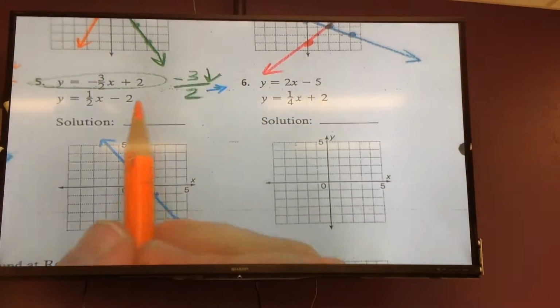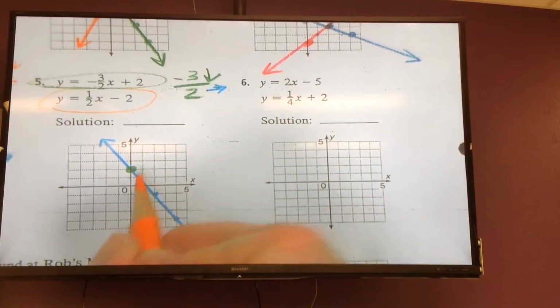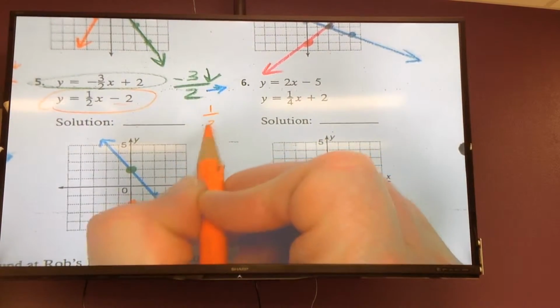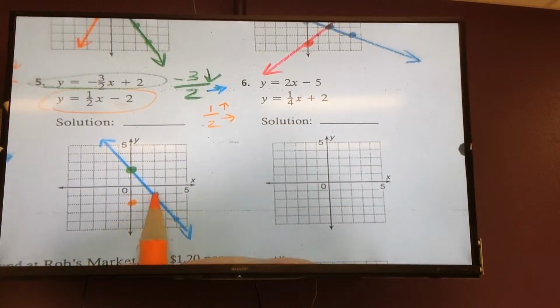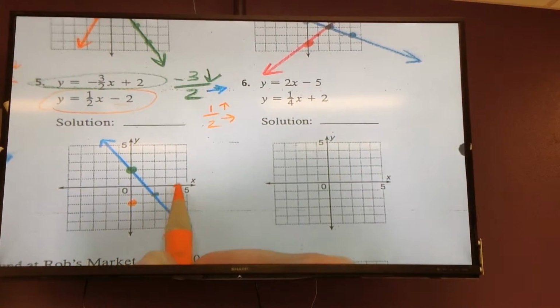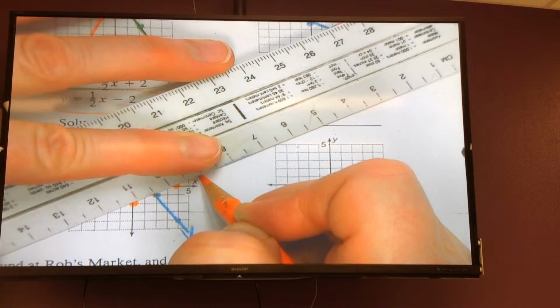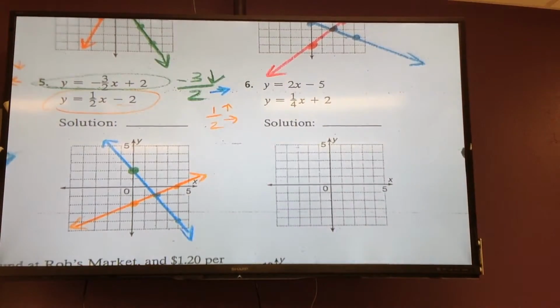And then for my next equation, y equals 1/2 x minus 2. I start at -2, that's where it crosses the y-axis. My slope is 1/2, that means you go up 1 to the right 2. Draw an arrow.